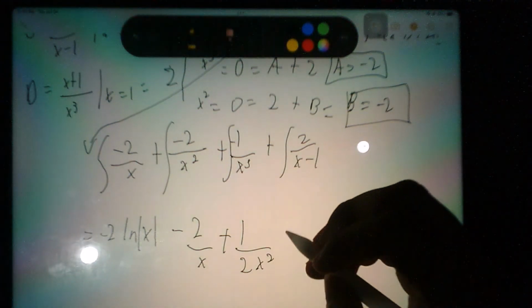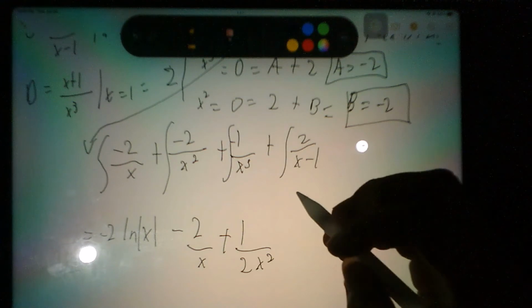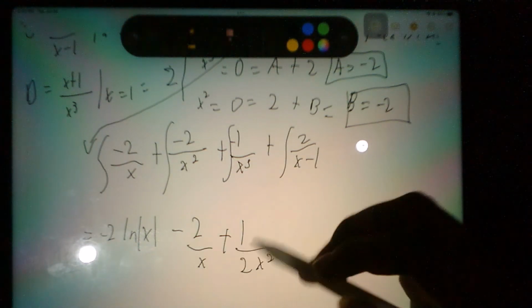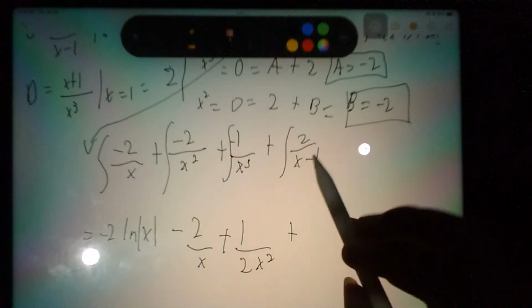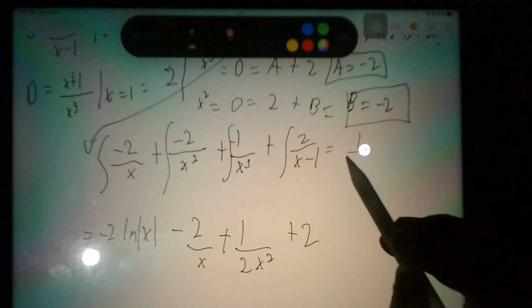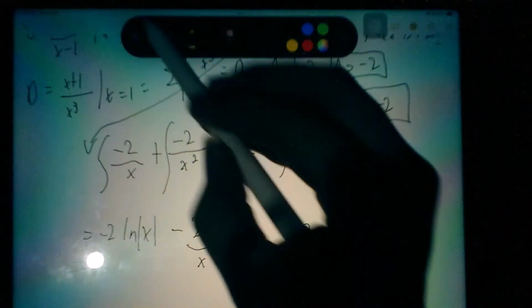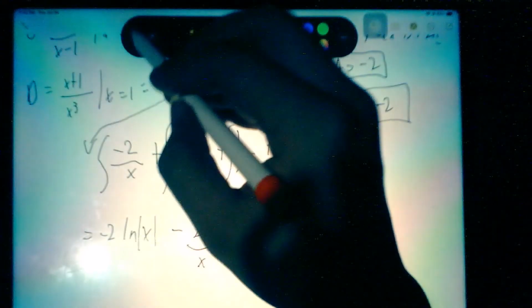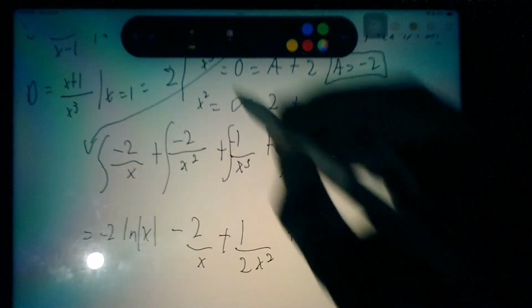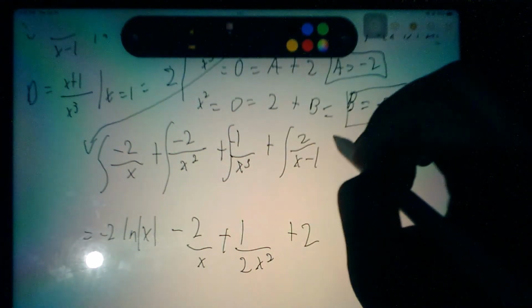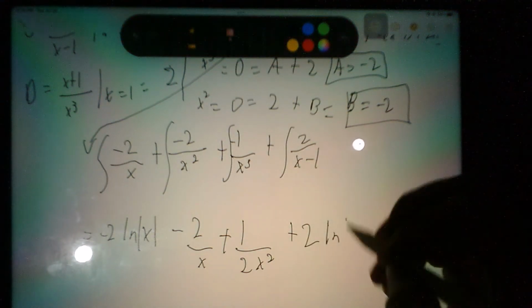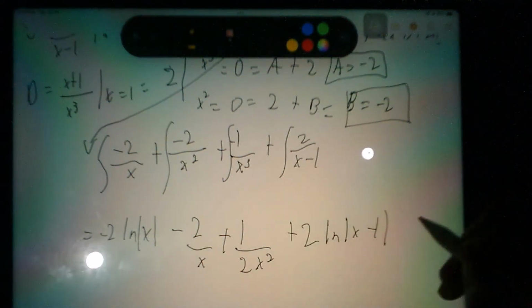Plus 2 ln of x, plus 2. So 2 here we put outside, and the integral of 1 over x minus 1 is just equal to ln of x minus 1, plus c.